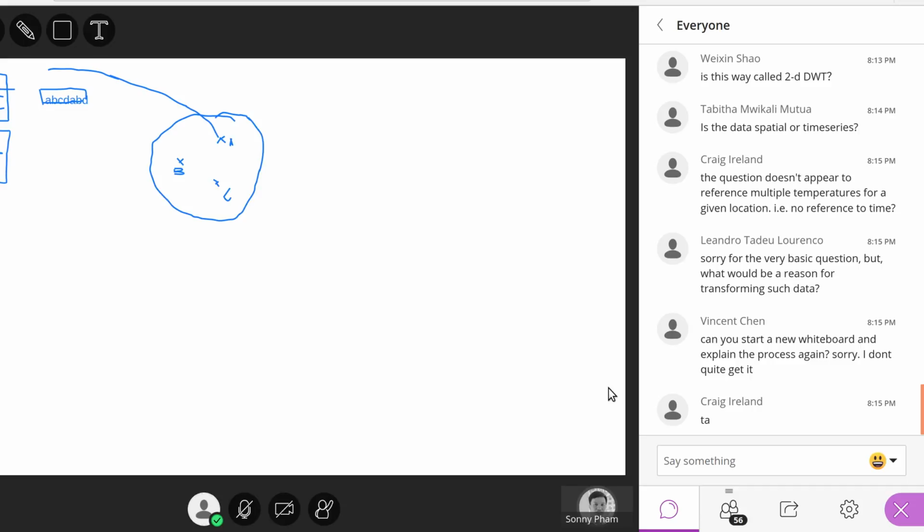So this is the detail scale, for example. This one is another, and here you can perform another transform and get another one, and you can have another one like this. Each of these gives you some sort of coefficient: a coefficient here, here, and here.